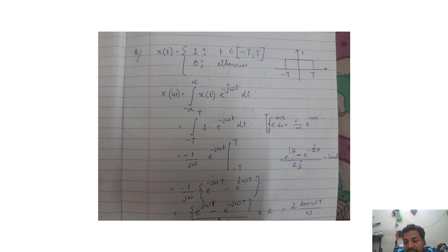What you will have is cos theta plus i sine theta minus cos theta minus i sine theta. So cos theta will get reduced, and what you will have is 2i sine theta, isn't it? And what you have in the denominator is 2i. So what you will get is equal to sine theta.